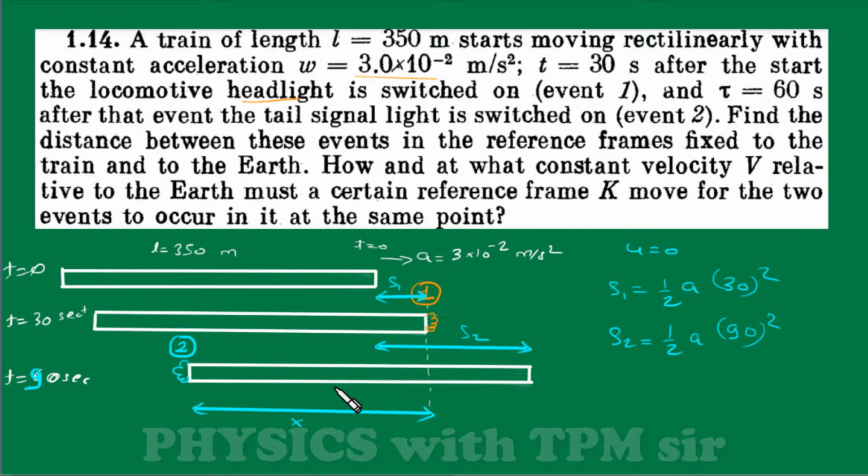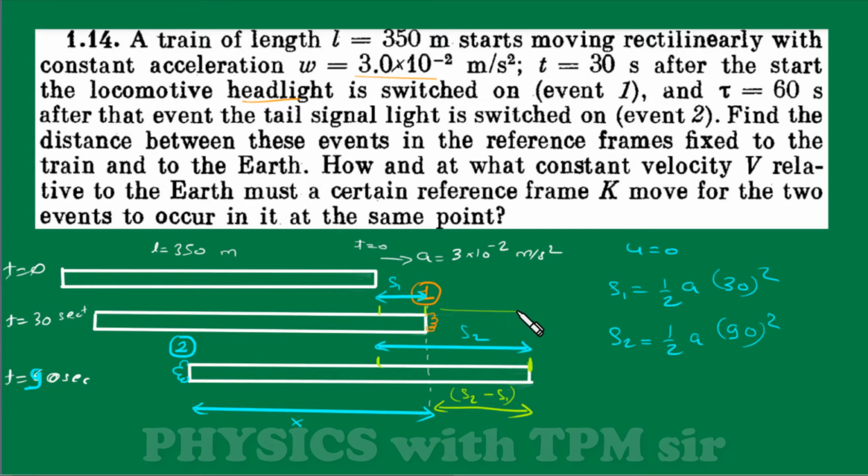So I think you can guess this whole distance is L, and this distance is s2 minus s1. Can I say this is s2 minus s1? From here to here it is s2, and from here to here it is s1.